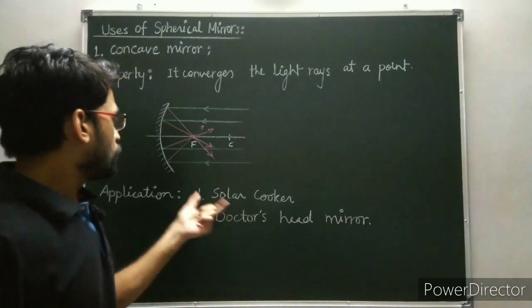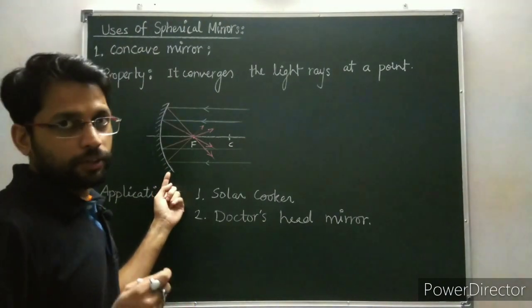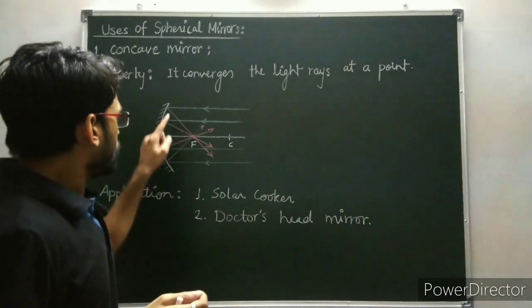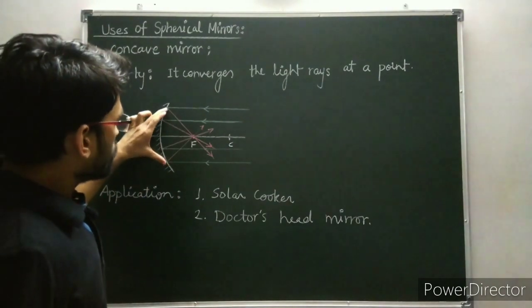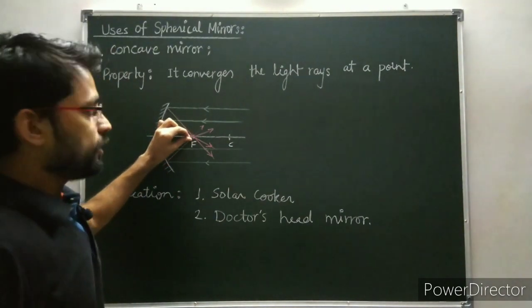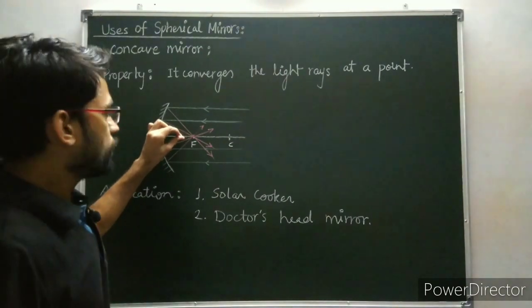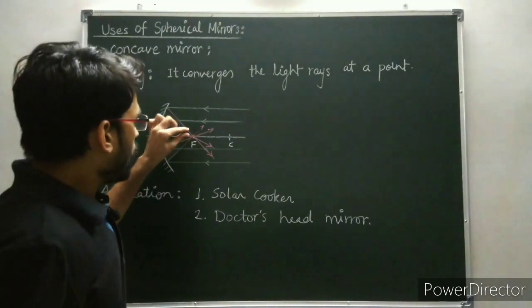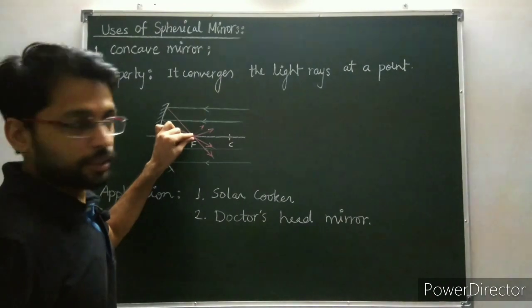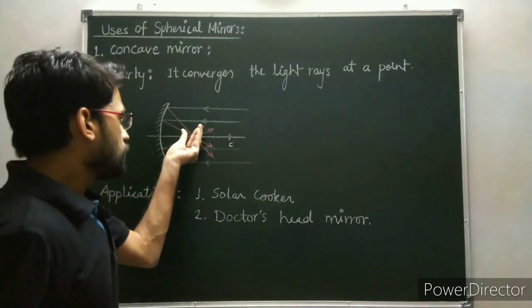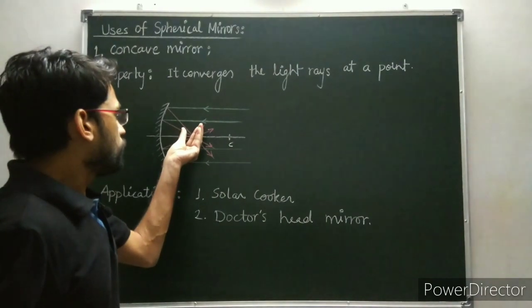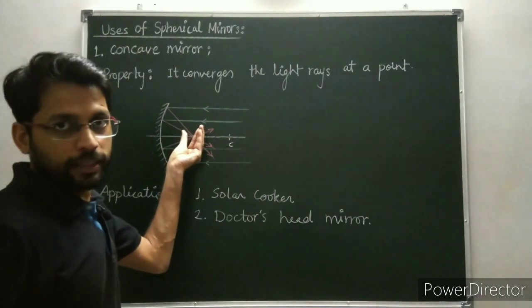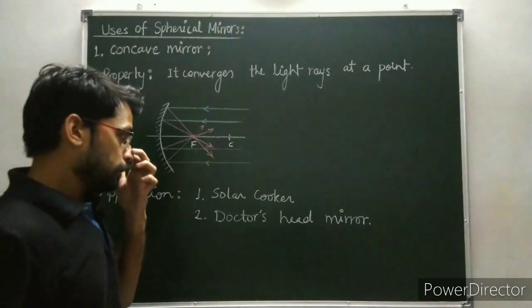So we use concave mirror for this, and a concave mirror concentrates all the heat energy, that is infrared radiation coming from the sun, at focus. And when the cooker is located at focus, then the cooker gets heated up to cook food.